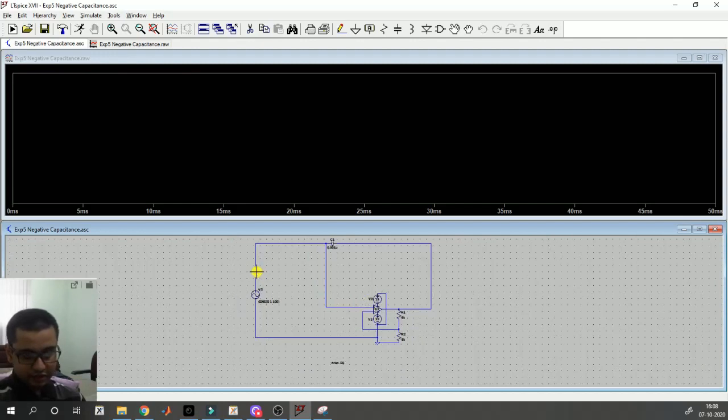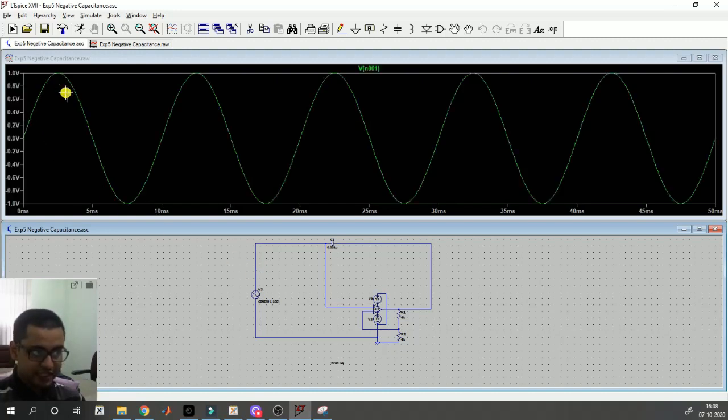Now if I hold this voltage probe at this point, then you will see the voltage, which is like this. Now suppose I want to measure the current that flows in this path from here to here.